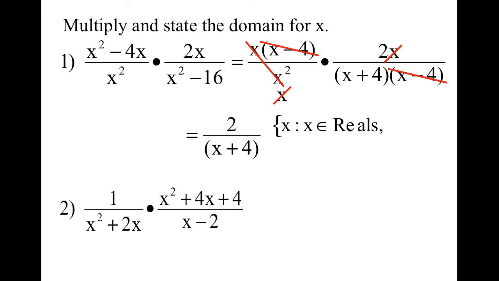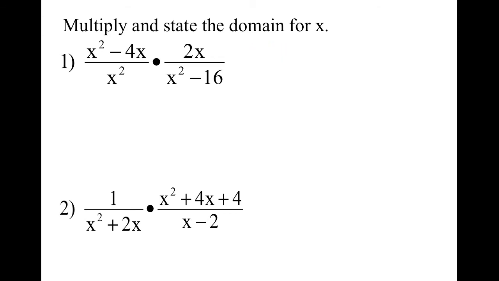Now, the one thing we needed to do here is, this is asking us to do two things. The first thing is to state the domain for x. So actually, I think what I would do is factor out first and then simplify, whereas my PowerPoint does it the other way.